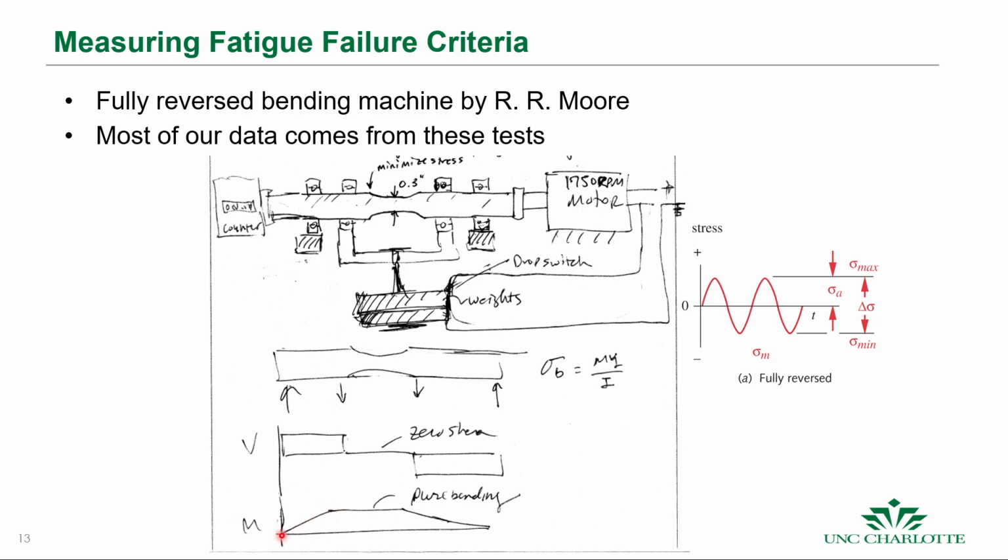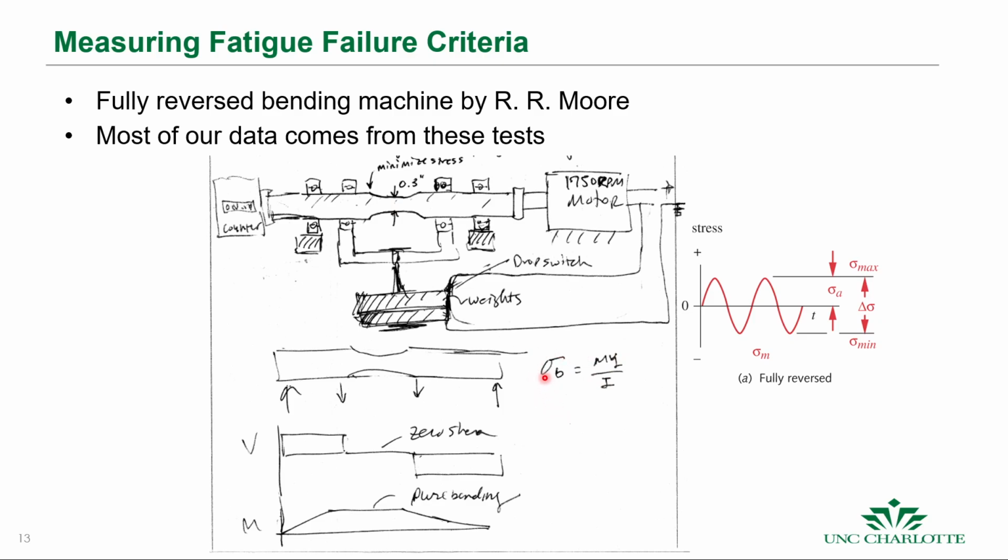The moment will increase because it's the integral of the shear, and then it'll be constant in the 0 shear section and it goes down. So it's a really clever little machine to control this so that you only have pure bending. And in pure bending, we know the stress is the moment times the distance to the neutral axis over the moment of inertia for that material.